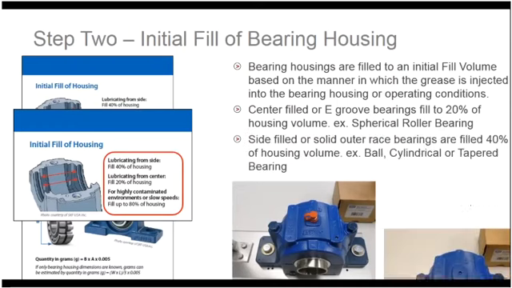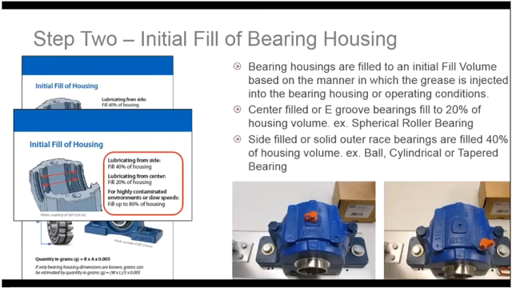For a bearing that's filled on the side, the bearing housing is filled to a 40% level. And for bearings that are operated in very wet and contaminated conditions, we may have to fill the bearing housing to 80% of its fill capacity.